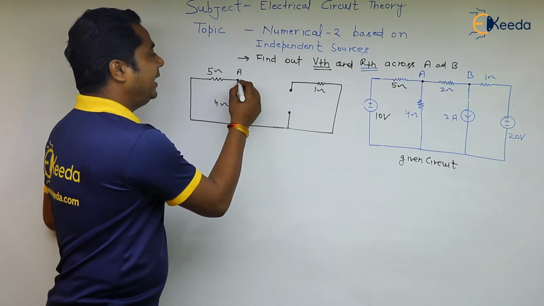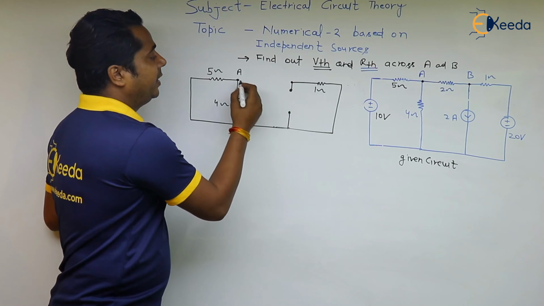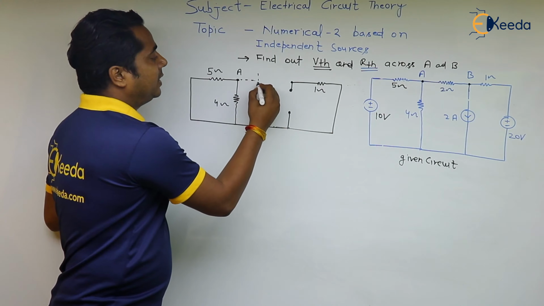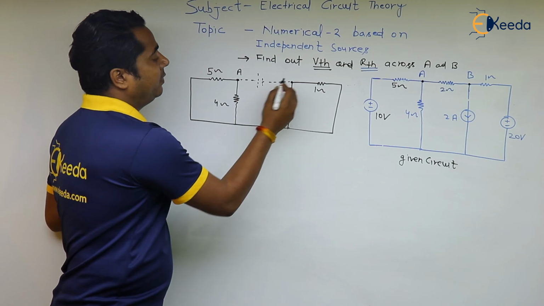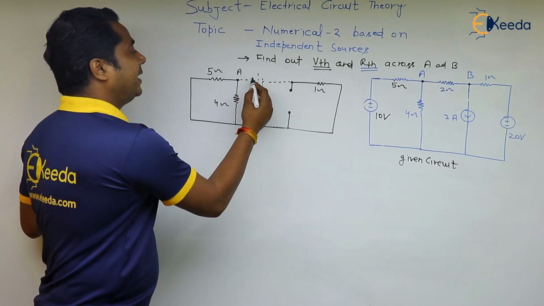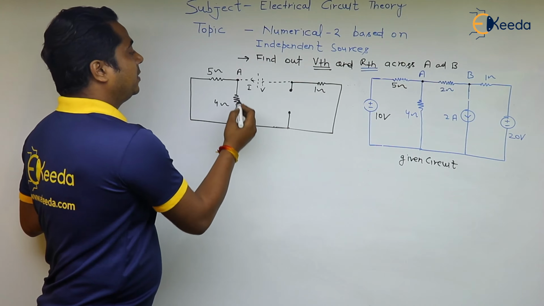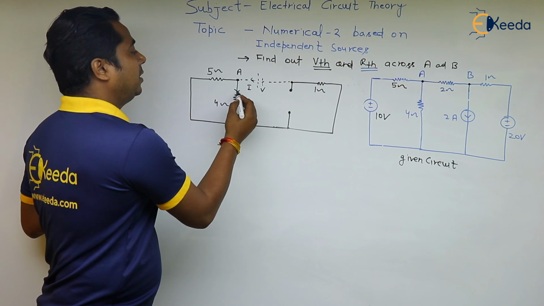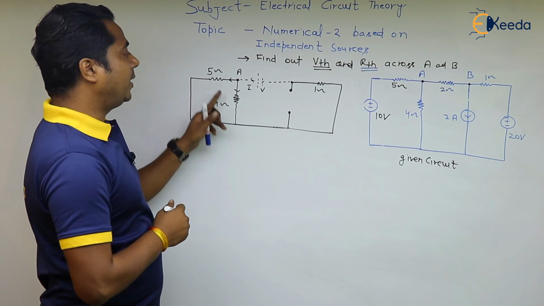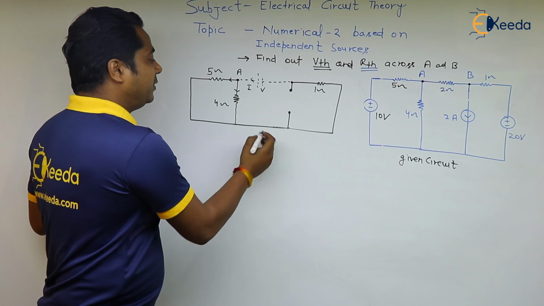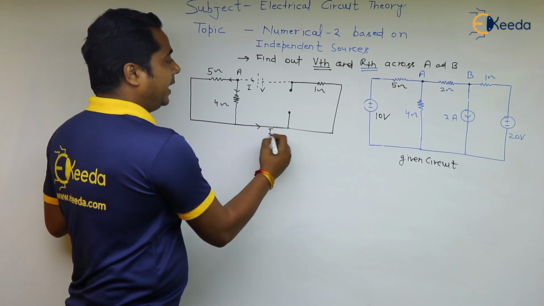This is the point A and this is the point B. So we can start by taking one voltage source and we can divide the current I.